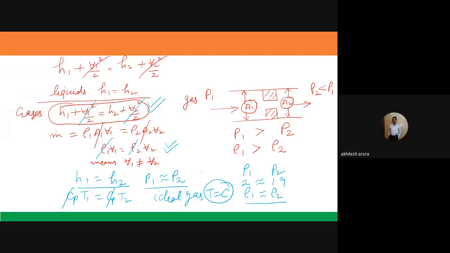So for gases, both the things will be constant, with the only condition that there is not much change in the pressure. If there is a large drop in the pressure in the pipeline when the gas is flowing through it, then the equation is H1 plus V1 square by 2 is equal to H2 plus V2 square by 2. Is it clear now?